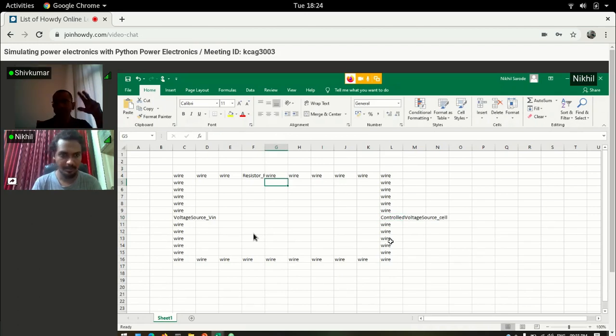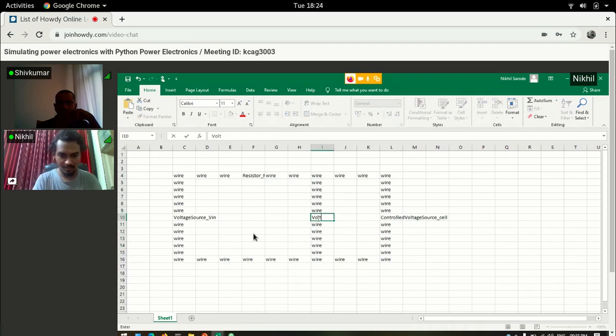You connect a voltmeter across, and we need at least one ammeter.